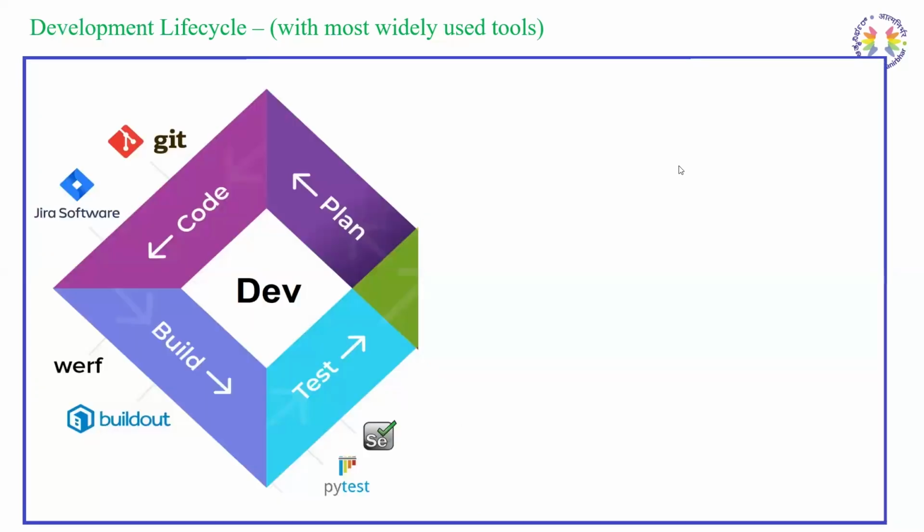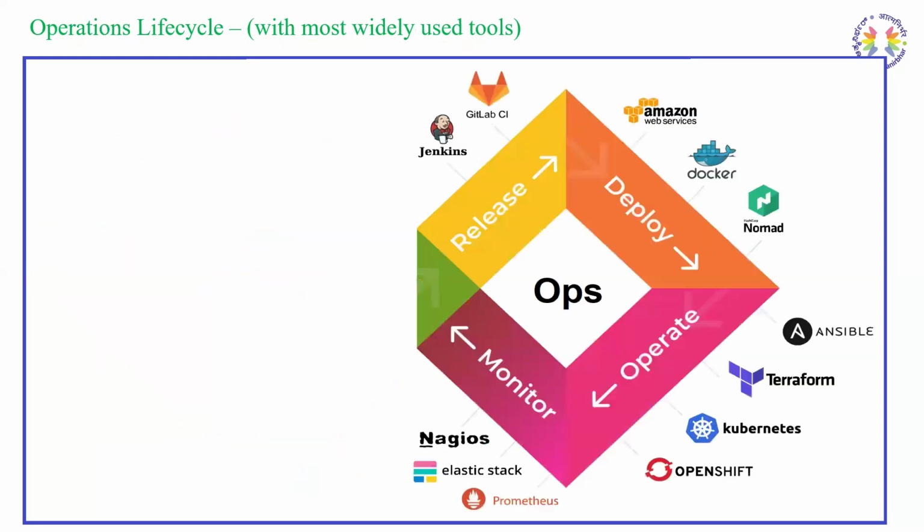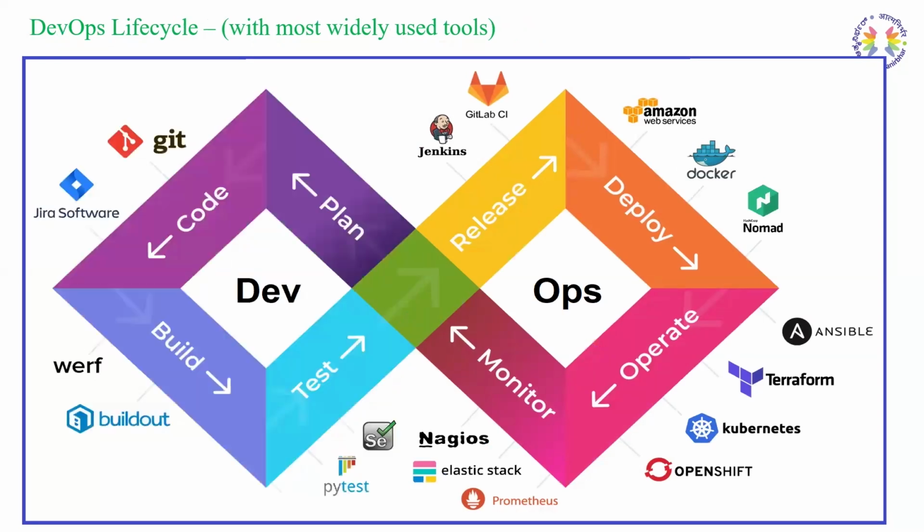We have explored the DevOps lifecycle from two key perspectives: development and operations. By integrating development and operations, we gain a comprehensive understanding of the total DevOps lifecycle. This slide shows a variety of tools that can be used in different phases of the DevOps lifecycle.